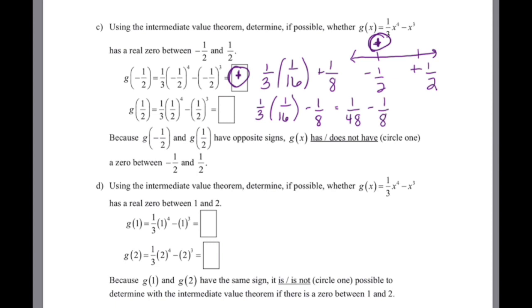Well, 1/48 is much smaller than 1/8, so if I subtract a larger number from a smaller number, we're going to end up with a negative. So here we have a negative. They have opposite signs. So somewhere it does have a 0 between -1/2 and 1/2. Again, we don't know what that is, but we do have a 0 between there.